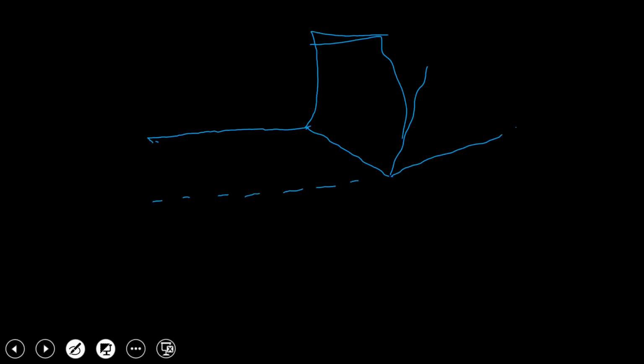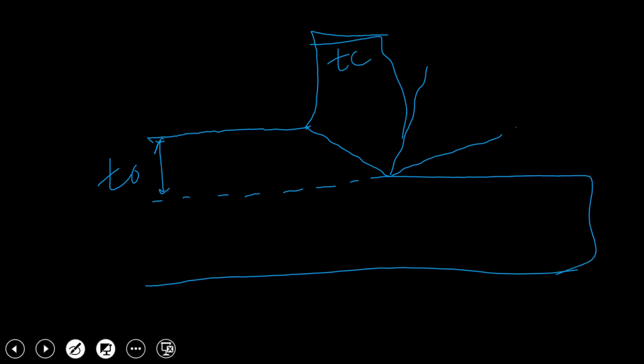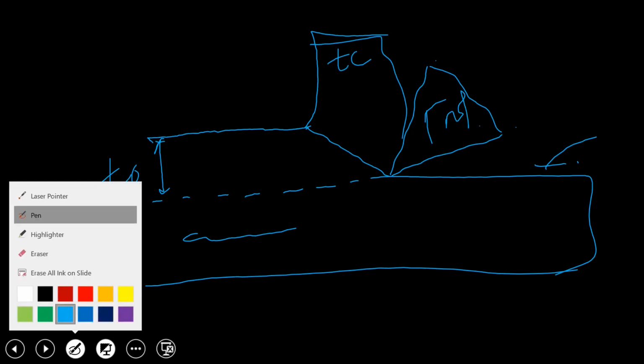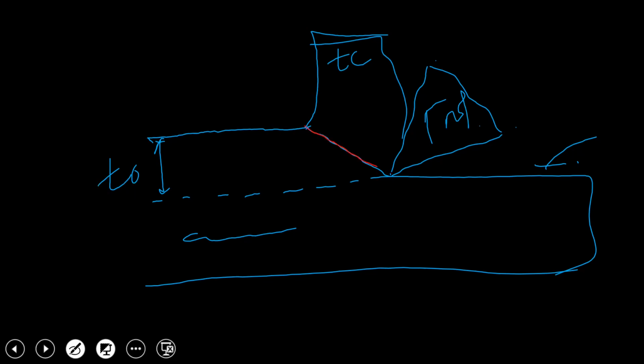So this is the cutting tool, this is the shear plane, this is the chip form, this is the depth of cut t0, this is the chip thickness tc, and suppose this is the finished surface and this is the uncut material. So this is our tool. Okay, so this angle is phi.